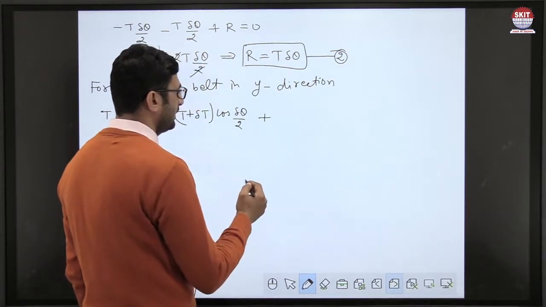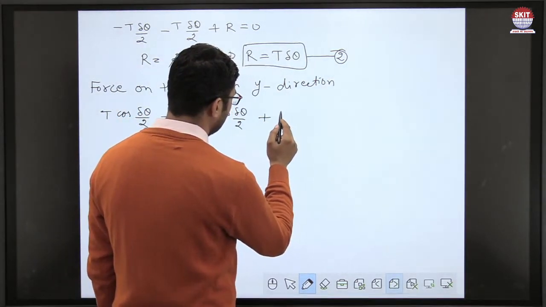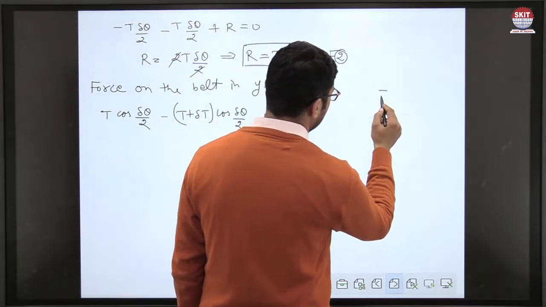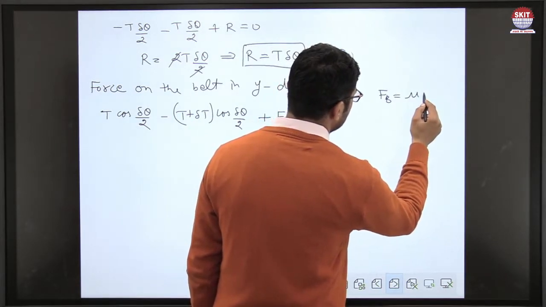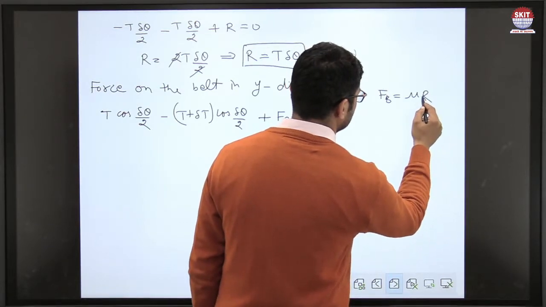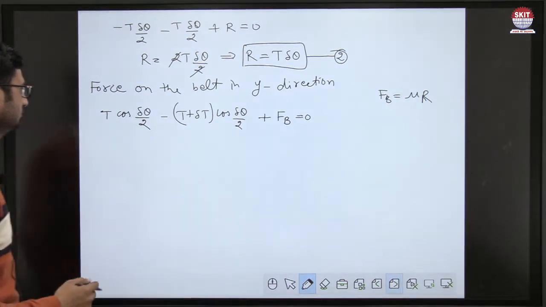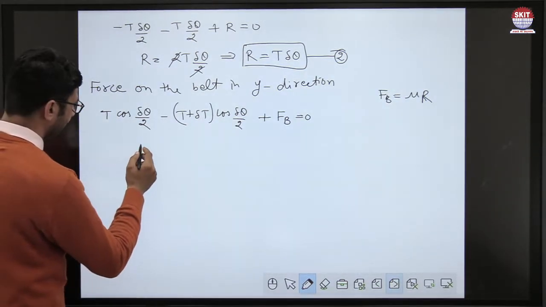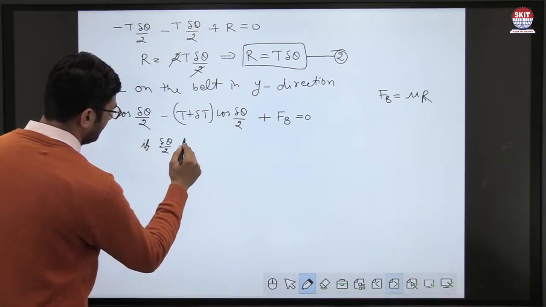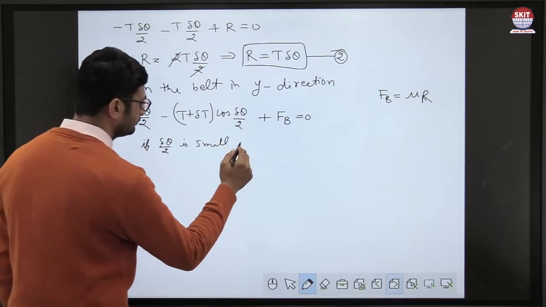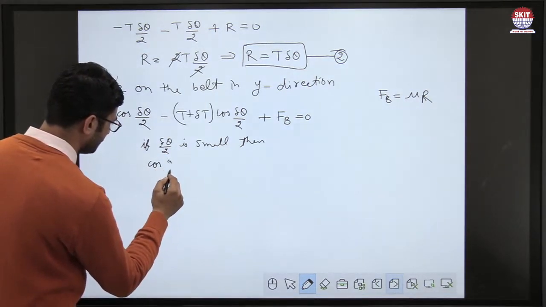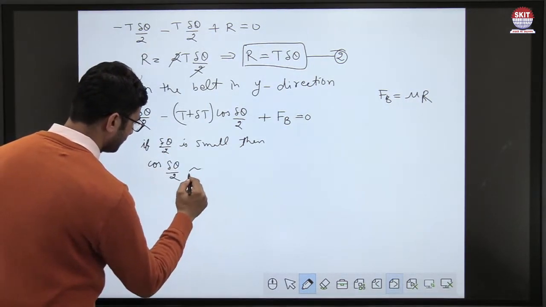which is vertical upward, and the value of friction force on the belt is equal to Fb equal to mu R. Put this value and solve. If del theta by 2 is small, then cos(del theta by 2) is approximately equal to 1.